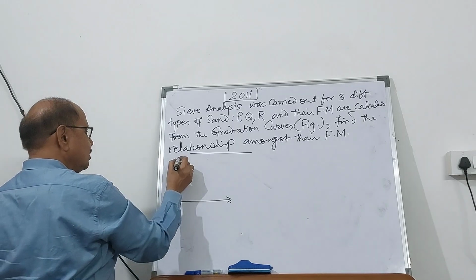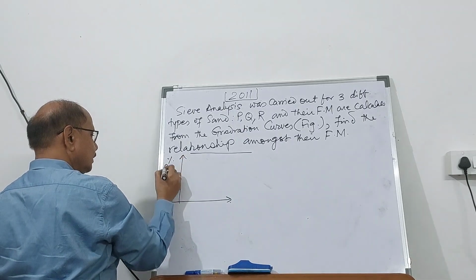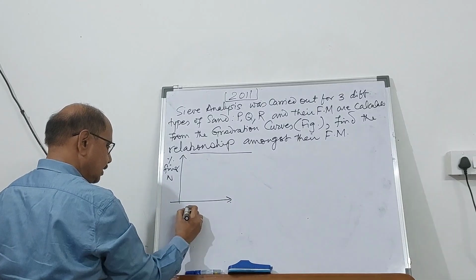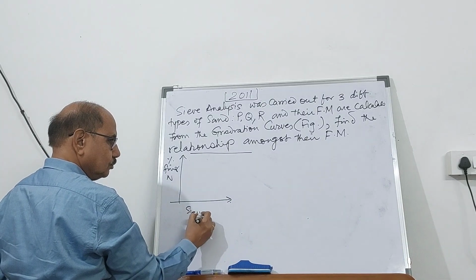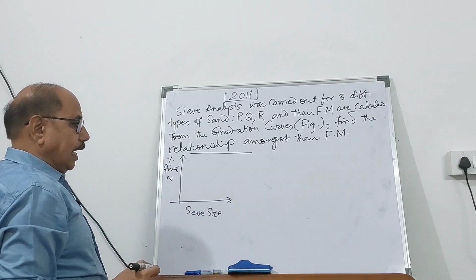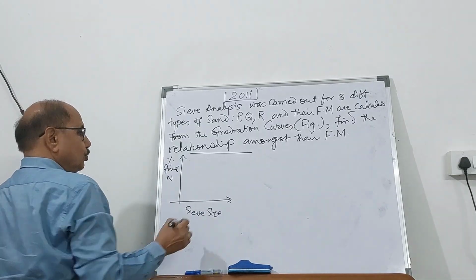The figure has percentage finer, and here it is the sieve size, and the curves are also given to you.